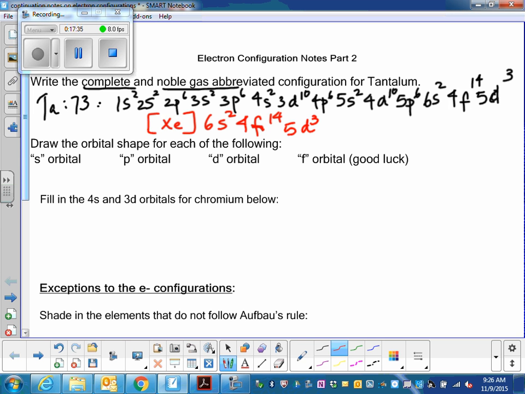Am I correct or have I made a mistake? Sometimes I'll purposely make a mistake. You should know to catch that. Am I right in writing out the electron configuration for tantalum? Yes or no? Did I make a mistake anywhere?